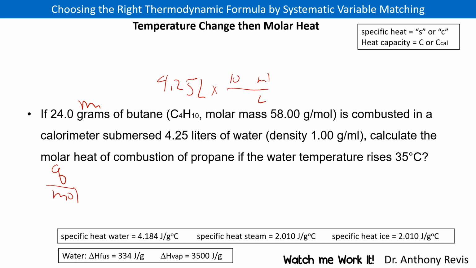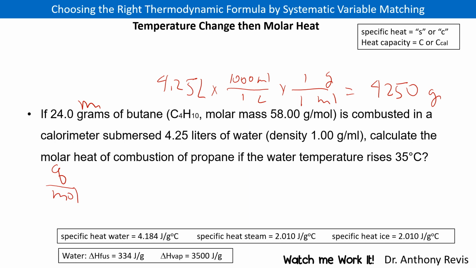It's 1,000 for every one. And then I have to convert by the density, mL to grams, because I need to work with mass in grams. This is 1 to 1. So this number is 4,250 grams.